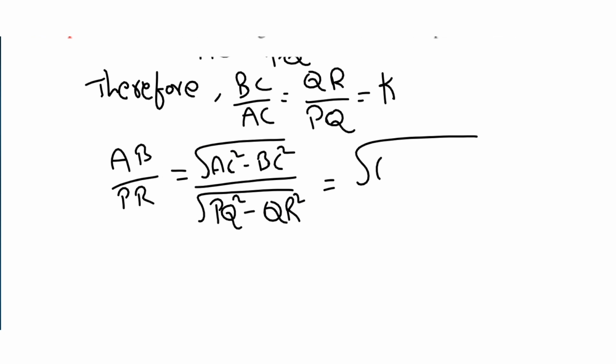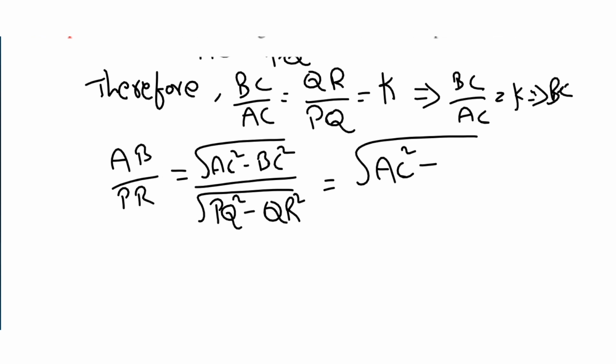So BC by AC equals K, that equals BC equals K into AC.